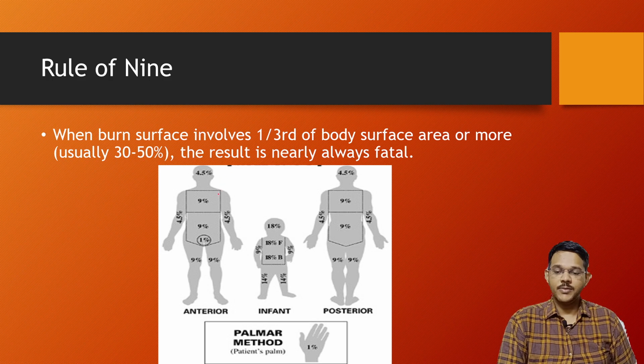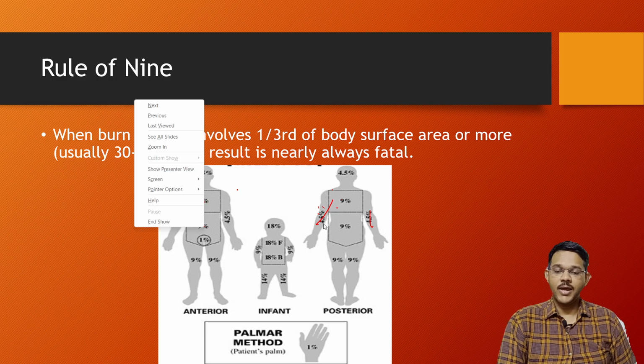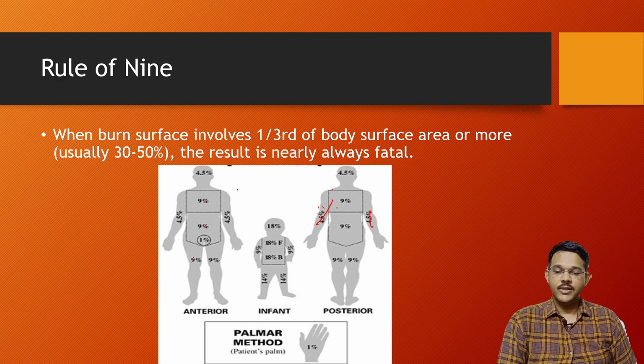In the diagram representation, front and back of the chest is 9%, front of the abdomen and back of the abdomen is 9%. Then head and neck is 9%, front and back total. So totally it becomes 9 parts.